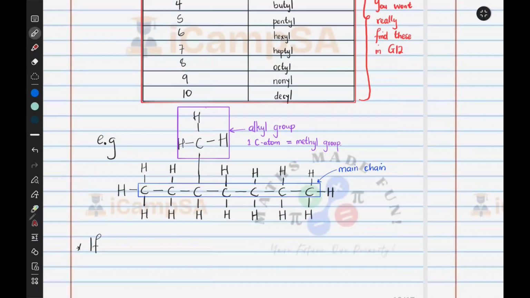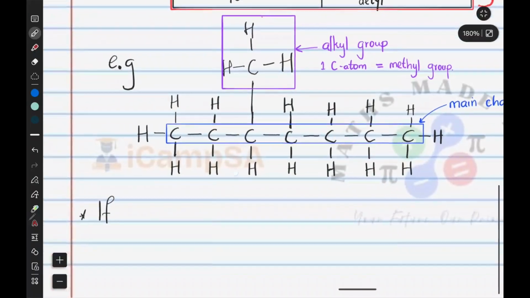If the same alkyl group repeats, we use Greek prefixes mono, di, tri, and tetra. 1 for mono, 2 for di, 3 we use tri, and then 4 we use tetra.